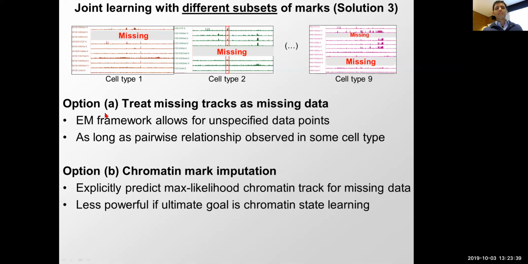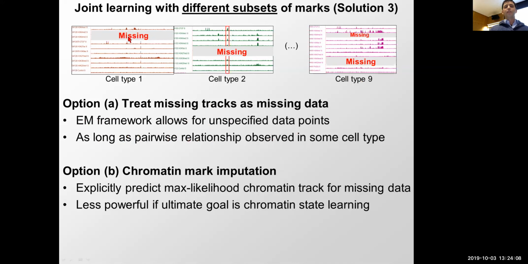Or you could basically use the probabilistic nature of hidden Markov models to effectively treat the missing tracks as missing data. You can basically, in your expectation maximization framework, allow for unspecified data points. And as long as the pairwise correlation of the observed data is preserved, you might still be able to learn consistent chromatin states by integrating over all possible values of that data.